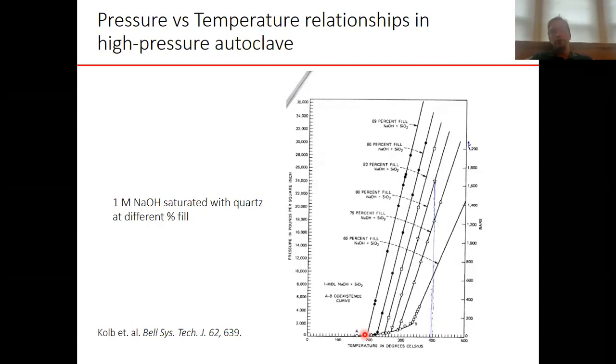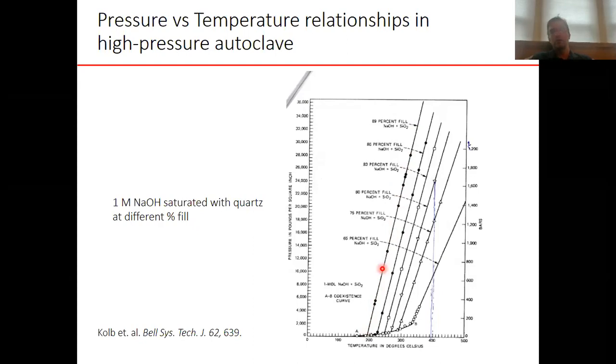At one point, your autoclave is completely full with liquid water. At this point, your pressure increases linearly, and very steeply, because the pressure is now no longer determined by the vapor pressure of the water.